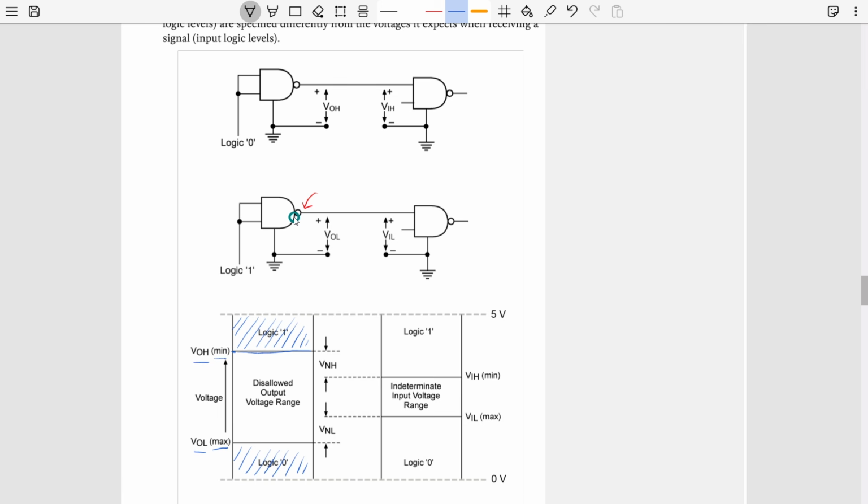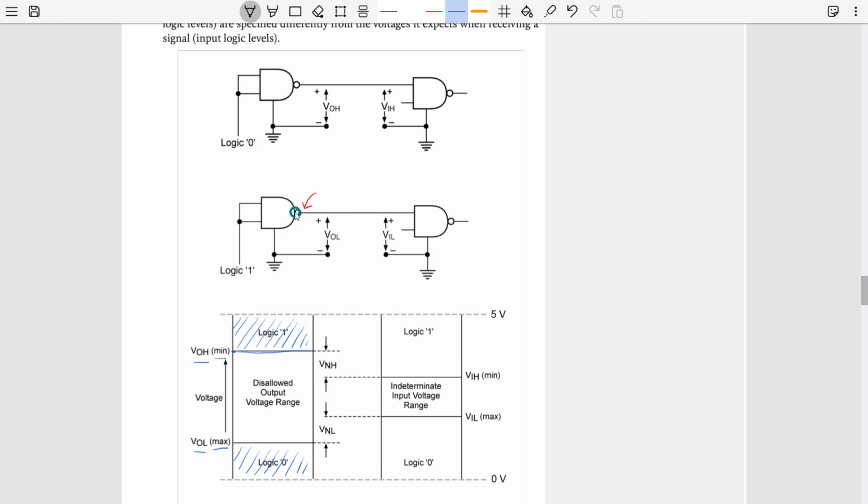Whenever we look at any logic gate, we get data sheets from the internet for that logic gate based on a specific logic family, and in that data sheet you will see all these rules and characteristics written. It will be specifically written what the value of VOH is for that gate.